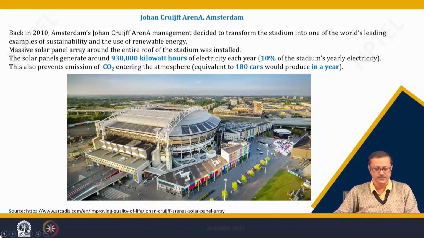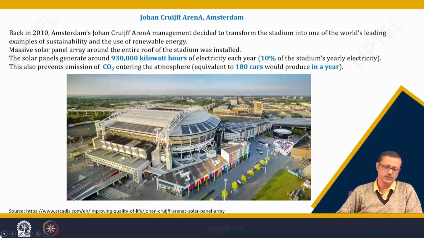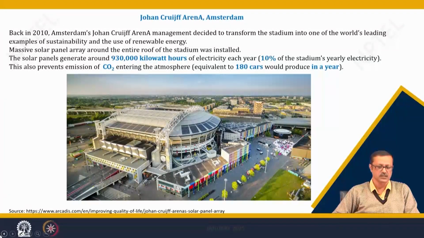It is a kind of indoor football stadium, and it has solar panels on the stadium top, which is told to give almost 930,000 kilowatt hour electricity per year, which is 10% of the total demand, because, being indoor, it requires artificial lighting to play football.